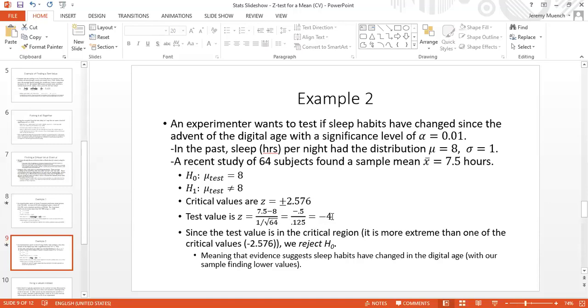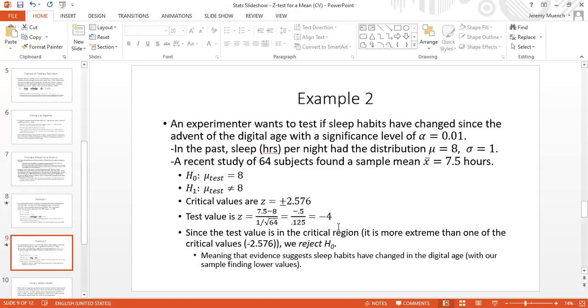And this might happen sometimes. If there's a pretty definitive answer, you might end up with a test value which is incredibly extreme. Negative 4 is not incredibly extreme, but it's pretty noticeable. Actually, that is pretty extreme.